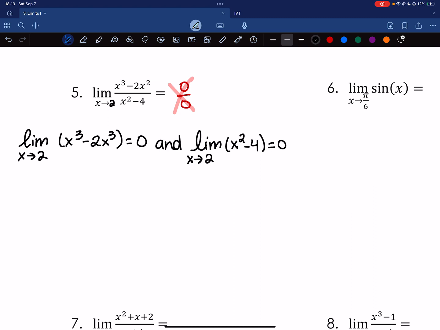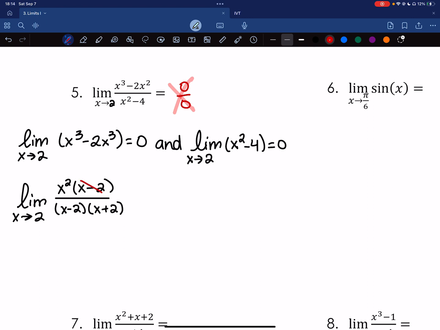Okay, so when I factor the top, again, this step does require the limit statement. When I factor the top, they have an x squared in common, so I'm left with an x minus 2. When I factor the bottom, that's a difference in squares. I get x minus 2, x plus 2.